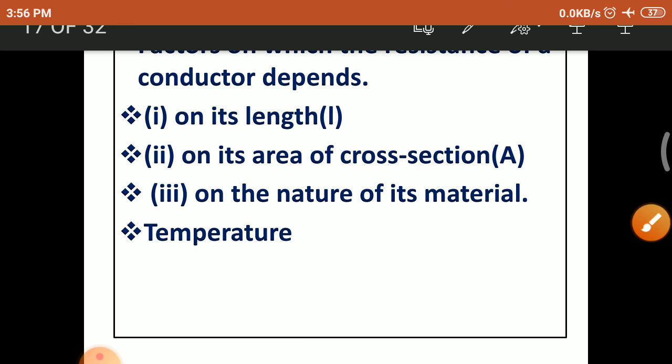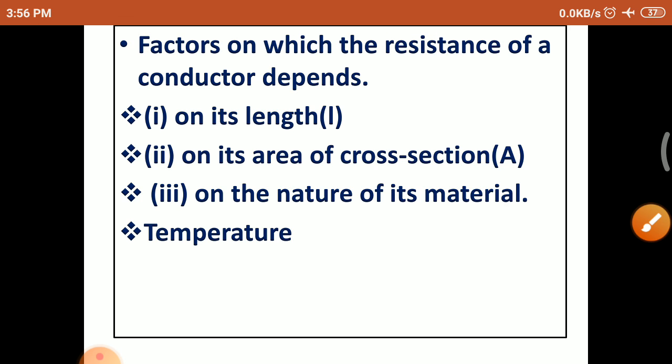This is a very important 3 mark question. In the factors on which the resistance of the conductor depends, you have to say that the resistance of the conductor depends on the length L, area of cross section A, the nature of the material, and temperature. For temperature, the resistance is directly proportional. For area of cross section, it is inversely proportional.